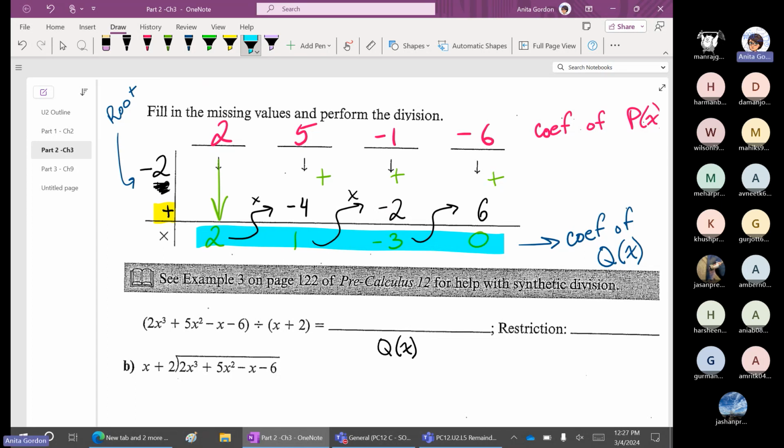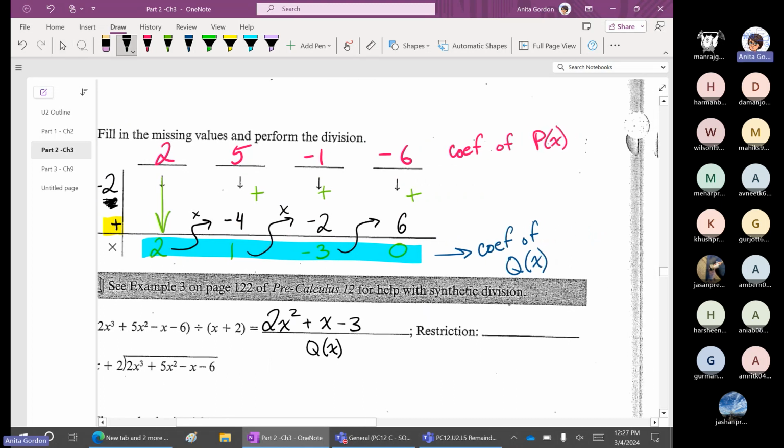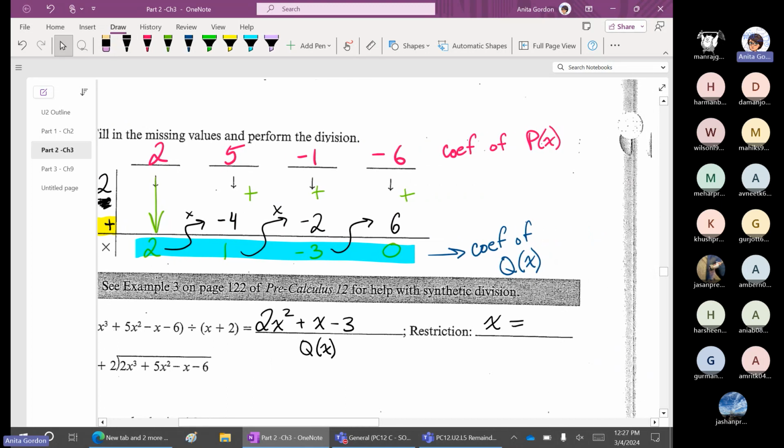So instead of starting with an x cubed, I'm now starting with an x squared. So this is going to be 2x squared plus 1x minus 3. Everything went down a degree. My restriction is that x cannot be negative 2.